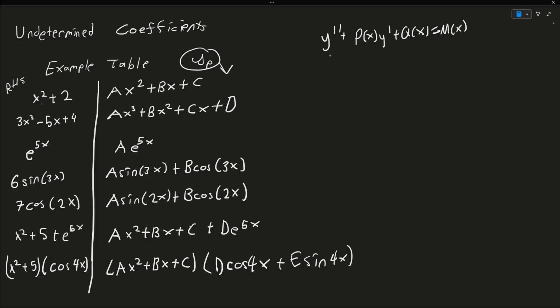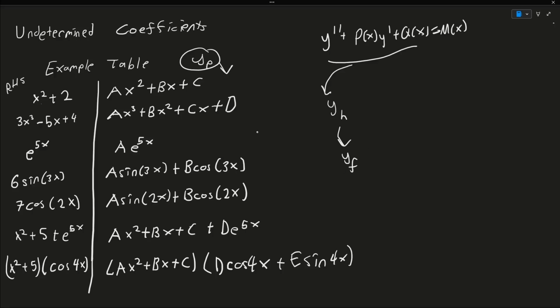Now let's work on a second order. How would we solve it? How does undetermined coefficients work? So first of all, you're gonna go ahead and find your y homogeneous, which is when you set this equal to 0. Then once you find your y homogeneous, you're gonna go ahead and find your y fundamental. It's a set of solutions.